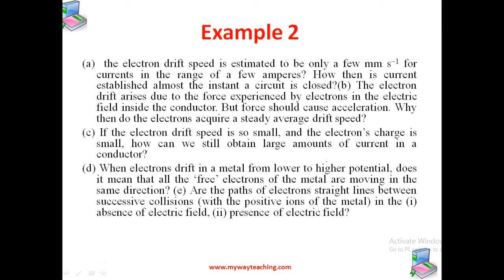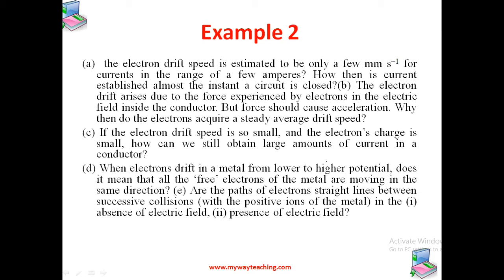For the second question, the electron drift arises due to the force experienced by electrons in the electric field inside the conductor. That force should cause acceleration, but the electrons acquire a steady average drift speed. Why is that so?